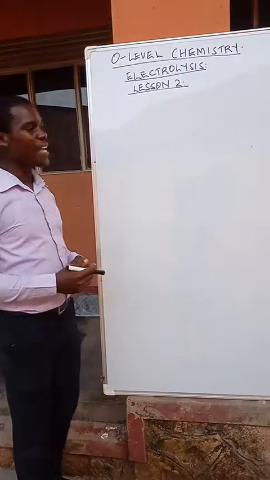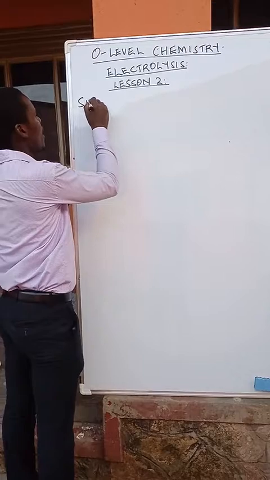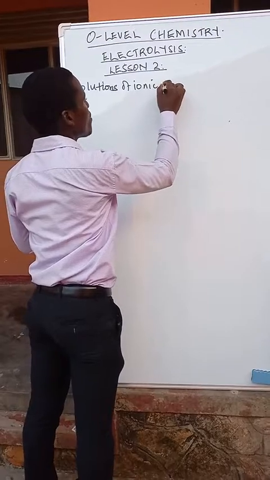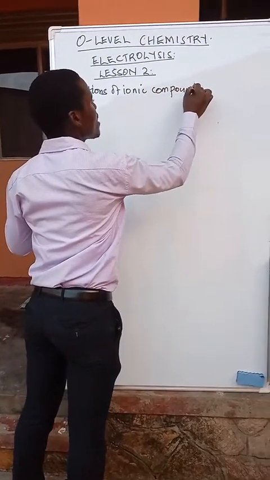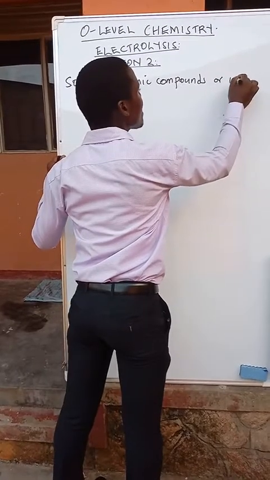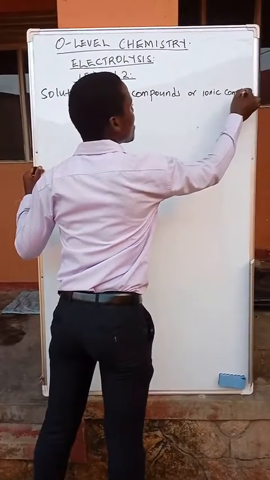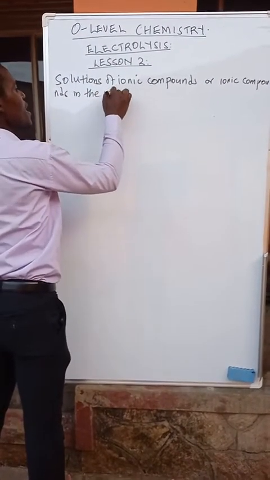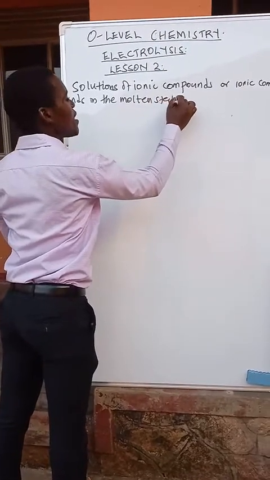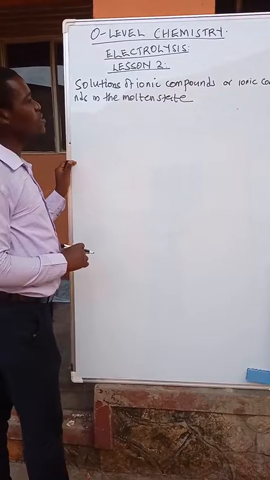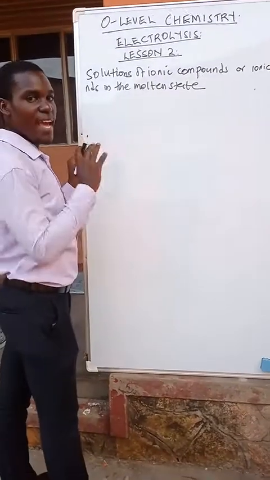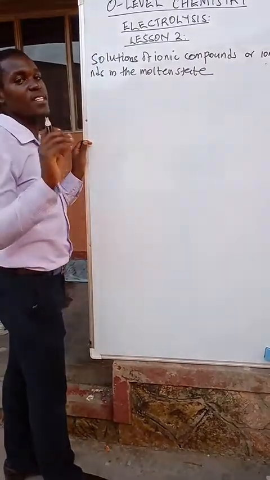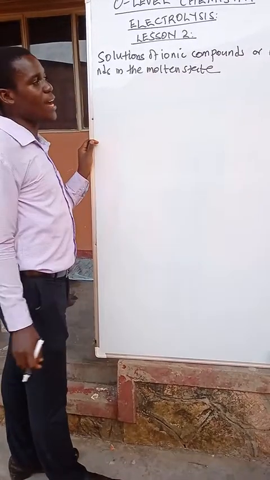No, we are also saying that solutions of ionic compounds, or ionic compounds in the molten state, okay, solutions of ionic compounds, call them aqueous solutions, because here we are looking at water being used as the solvent, and you must know that whenever water is used as a solvent, the solution formed is called an aqueous solution.